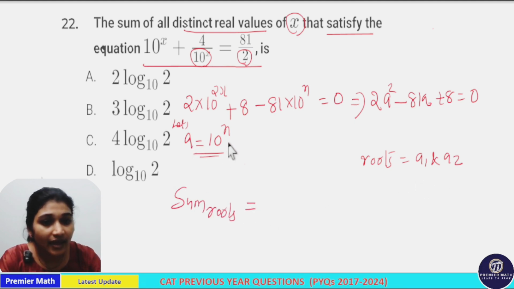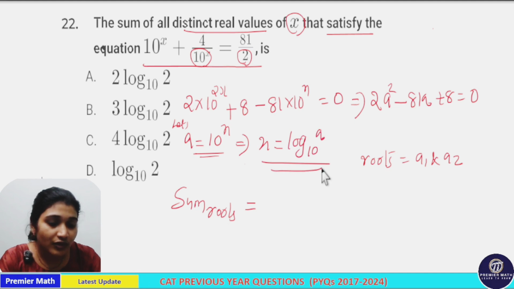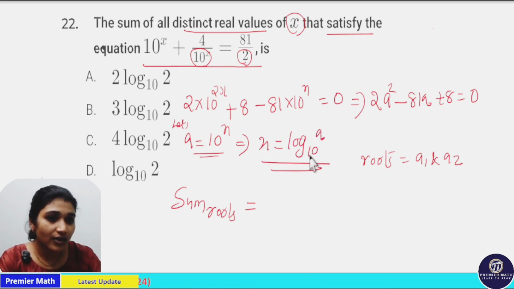But here a is equal to 10 raised to x. Now to write it in the form of log, if you take log of this, x is equal to log a to the base 10. Now the relation between x and a is x equals log a to the base 10.